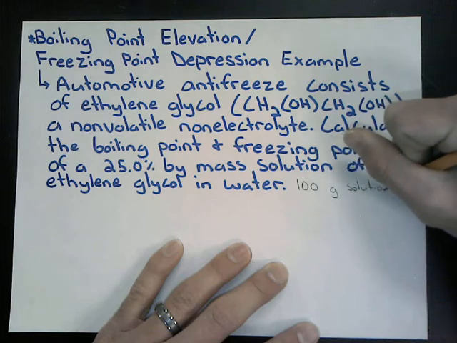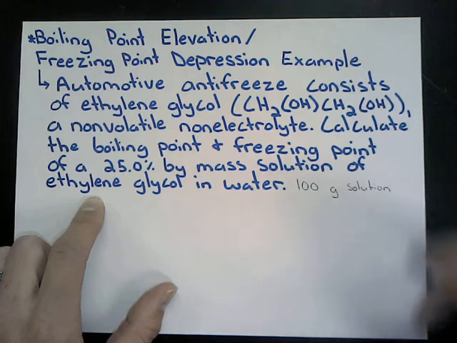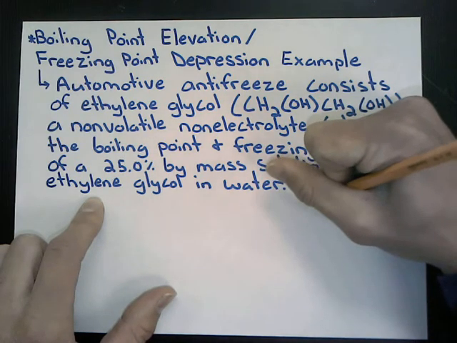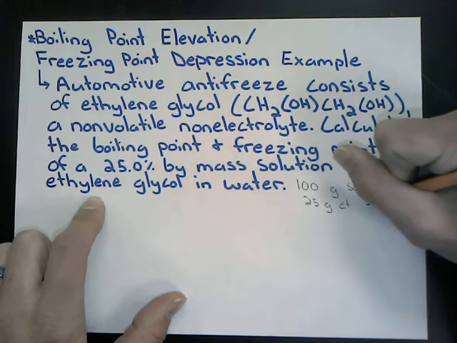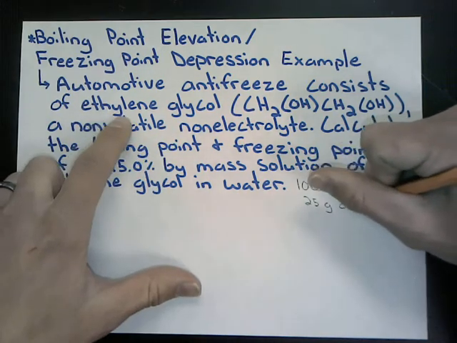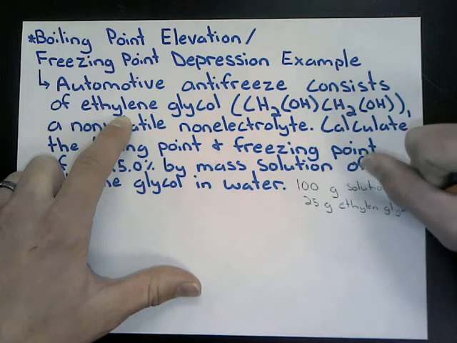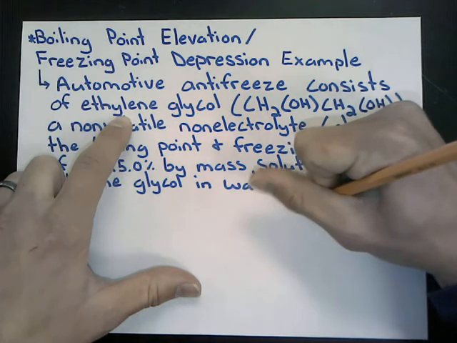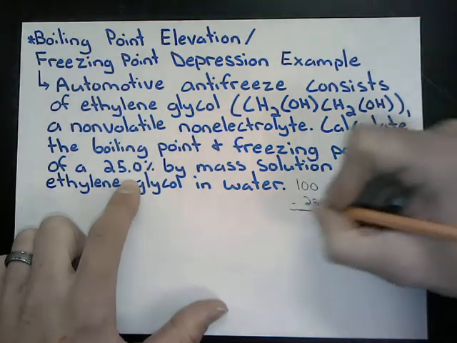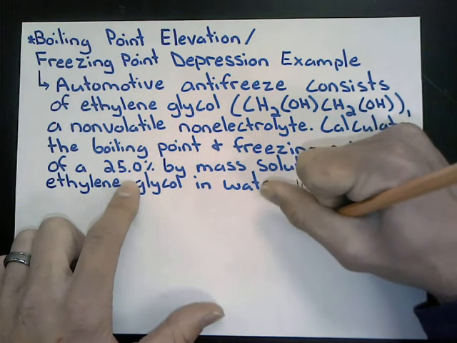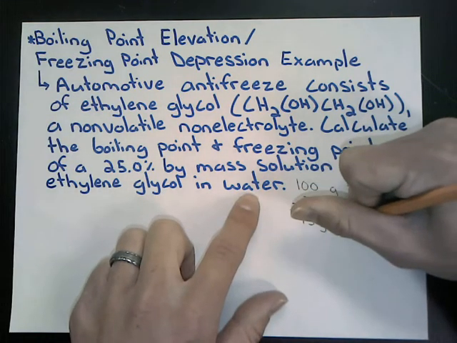If it's 25% by mass ethylene glycol, that means 25 grams of ethylene glycol, which is our solute, is going to be subtracted out of our solution. This means that the remaining part of the solution is 75 grams of our solvent, which is water.